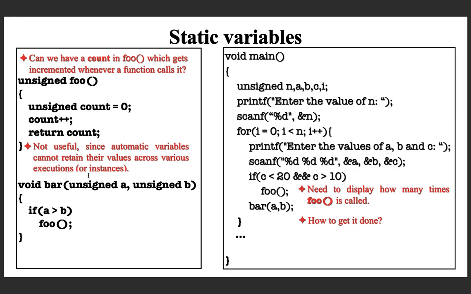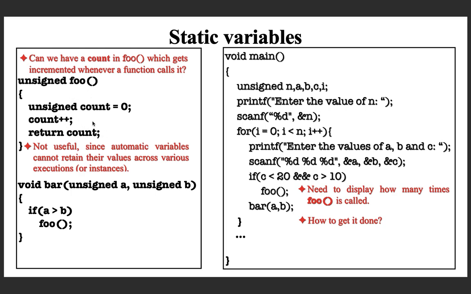You cannot do it. So, what is our purpose here? Suppose this count can remember its previous value. What is the previous value? What was the value when the last instance was terminated? If it can remember, then you are done. But unfortunately, automatic variables cannot do it.